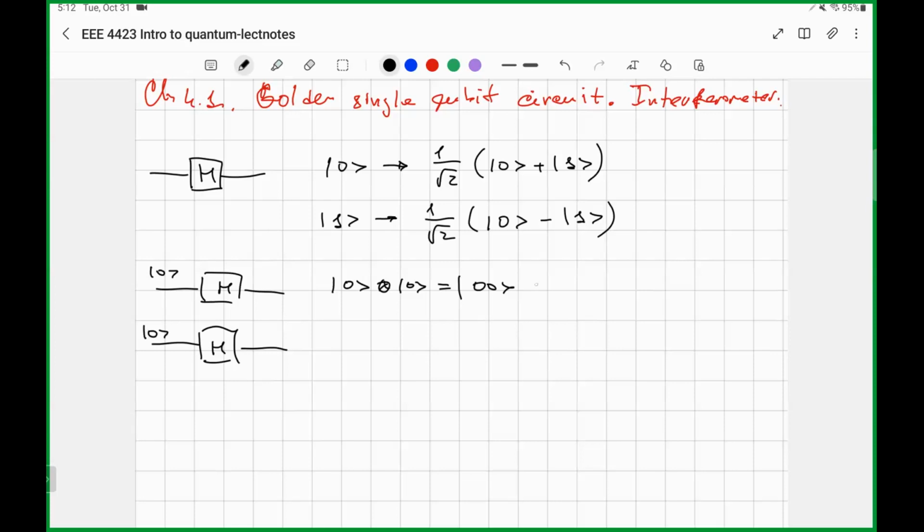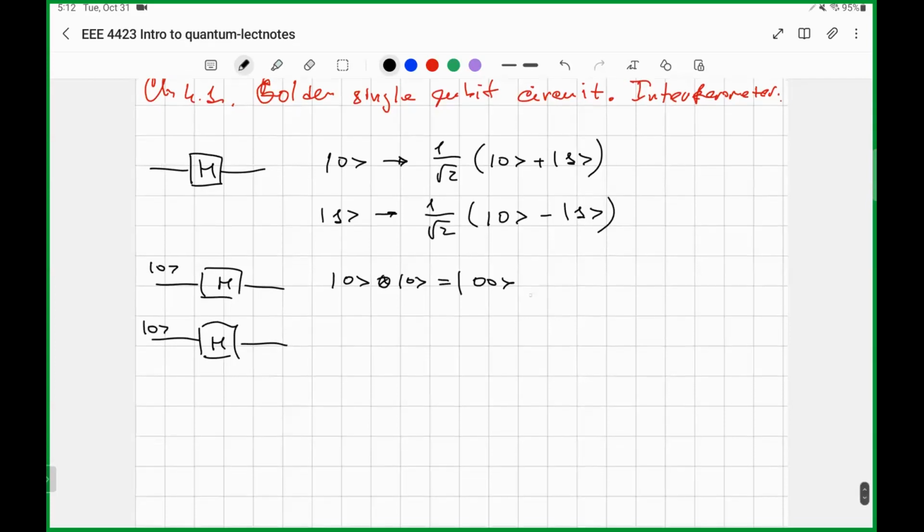After the application of two Hadamard gates, one to each qubit, we get the new state 1 over square root of 2, 0 plus 1, tensor 1 over square root of 2, 0 plus 1 for the second qubit.